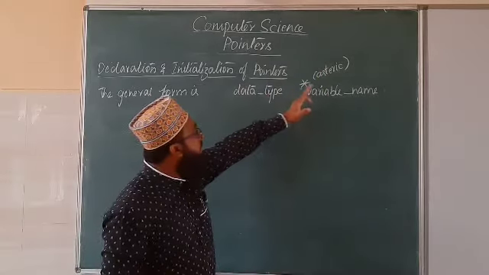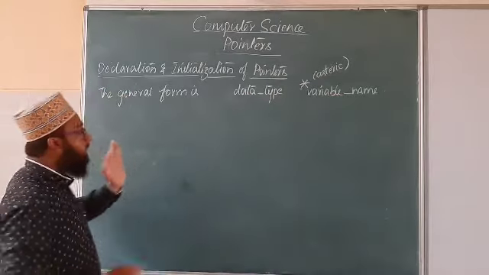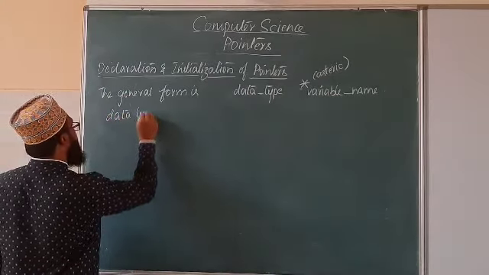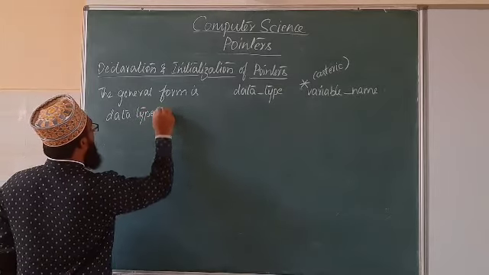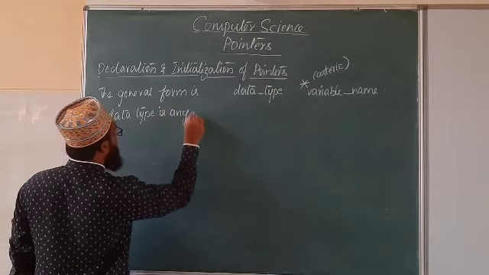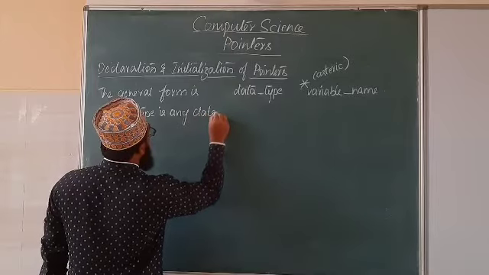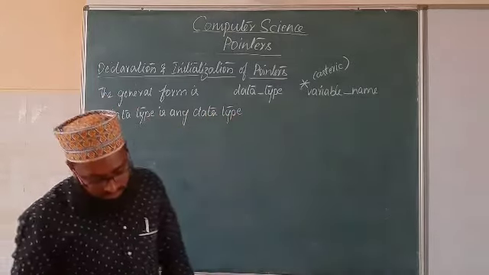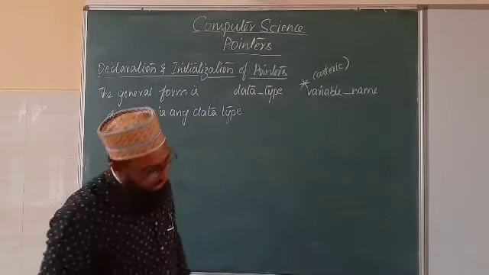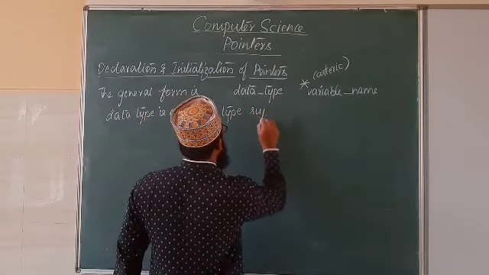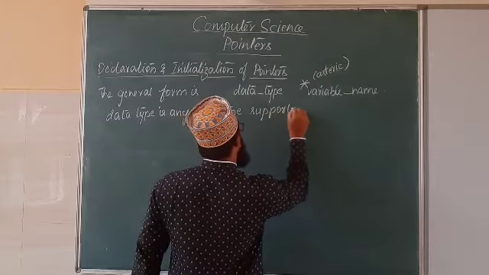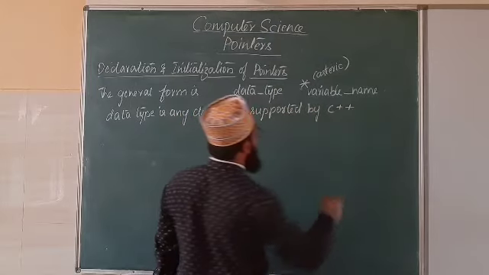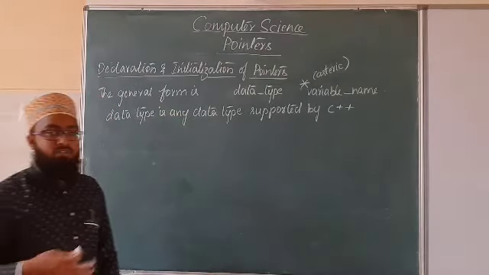Data type, asterisk, variable. What is the data type? Data type is any data type accepted by C++. Data types we have discussed: int, char, float, double.